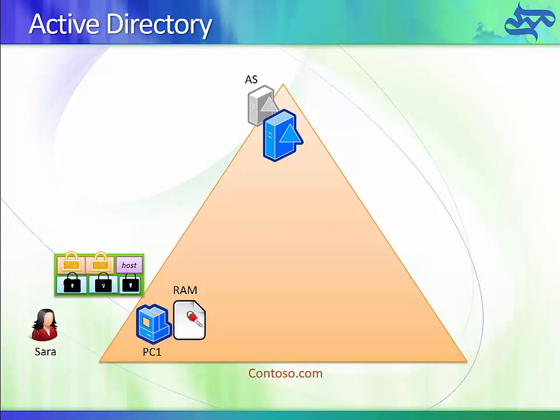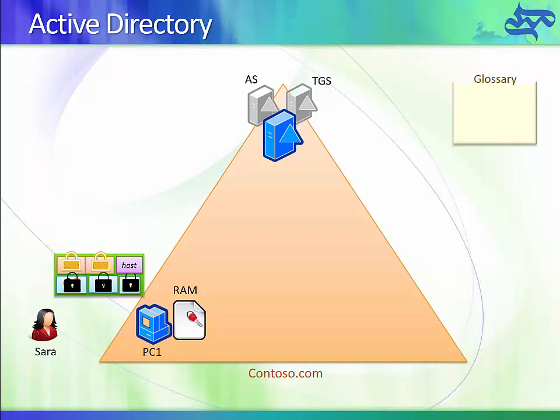Remember that I said that authentication service is used only for the very first authentication request. So since we have the TGT, there's no need to talk to authentication service anymore. Instead, we need to talk to the second subsystem of the KDC. This subsystem is called Ticket Granting Service.